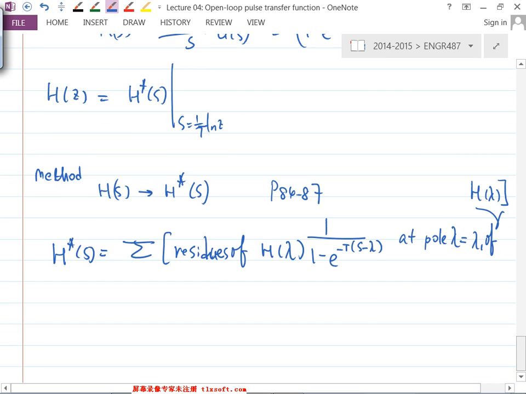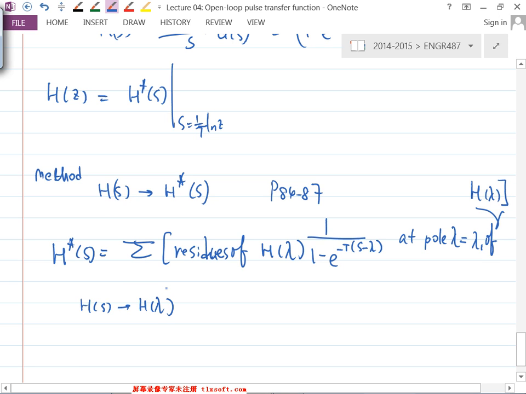It seems pretty simple, but I'll explain what this means here. So h star of s equals the residues of this expression at the poles lambda equal to lambda 1 of this function. So basically, what you do first is you replace this. You see, this is talking about h of lambda, right? So the first step is you change this to h of lambda or any other symbol you want.